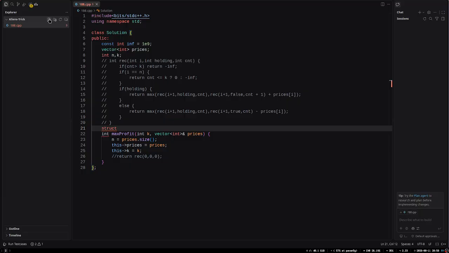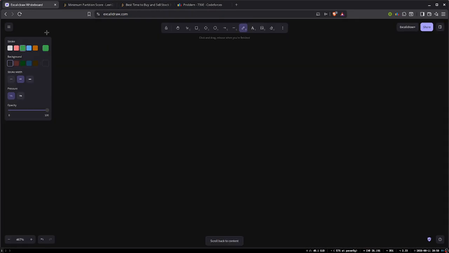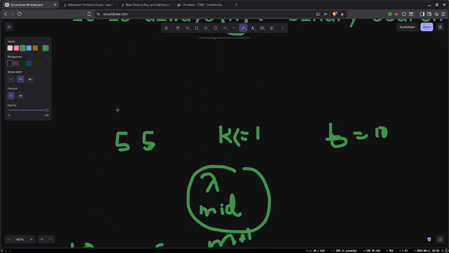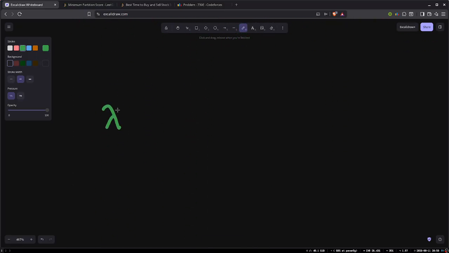So first thing we would need a struct node. Inside this node, what do we need is, for every lambda, what should I do? If I have a particular lambda, I would require with this lambda how many items I am able to pick, the count of items. And with this lambda, what is the max net profit which I am getting?